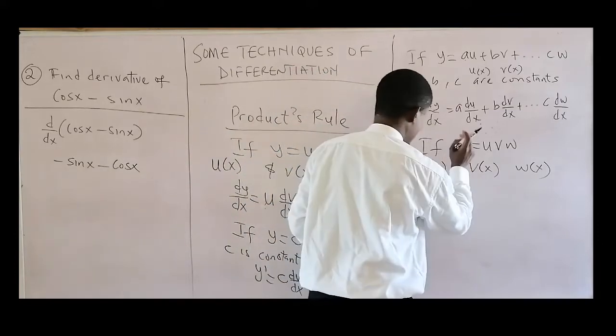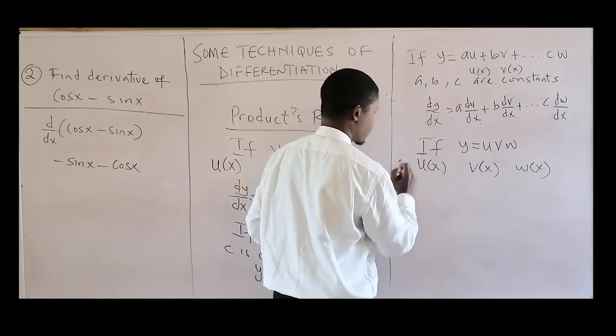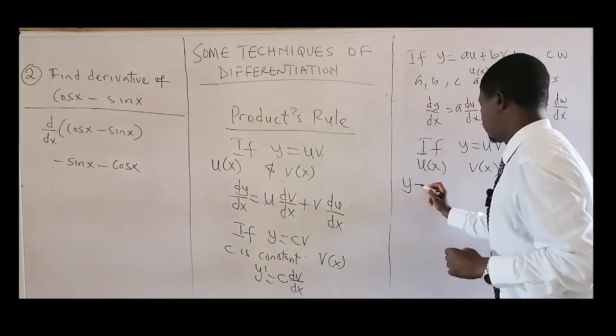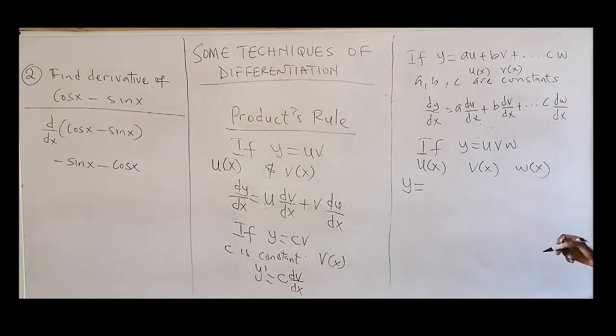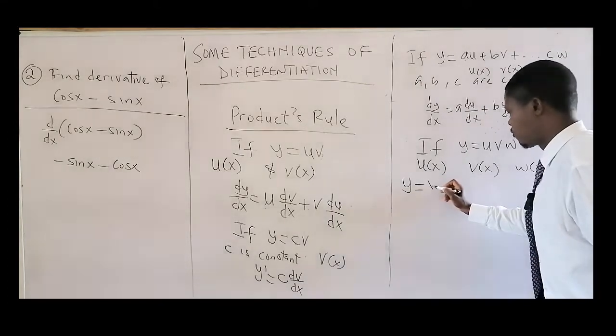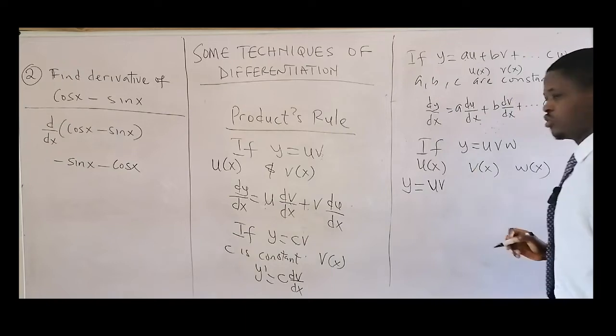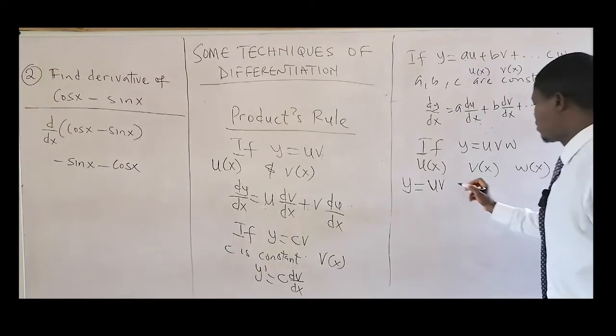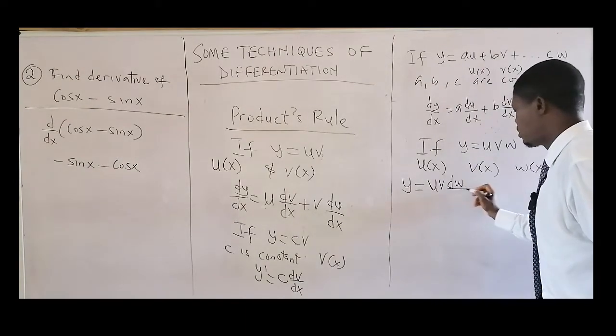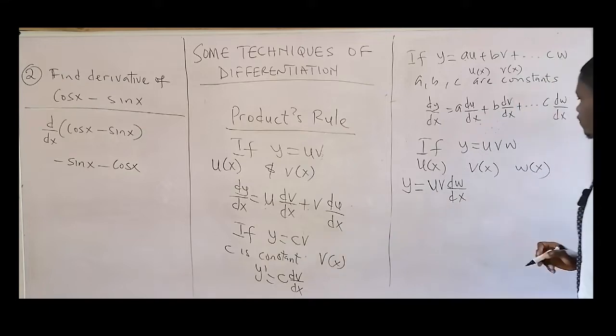This will be equal to dy/dx. I'm going to take the first two as constant, uv as a constant, and differentiate the third one, dw/dx.